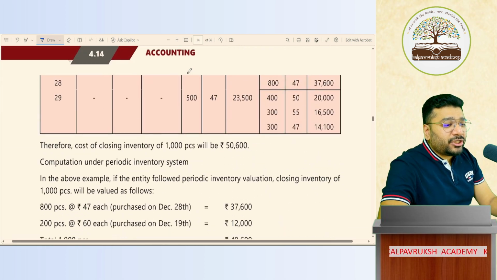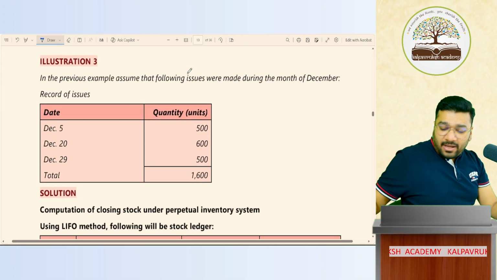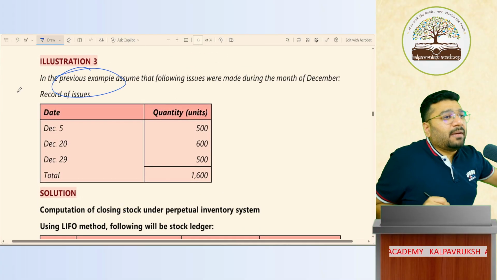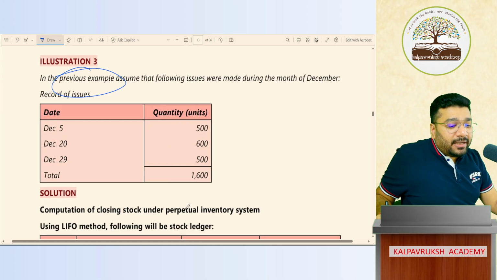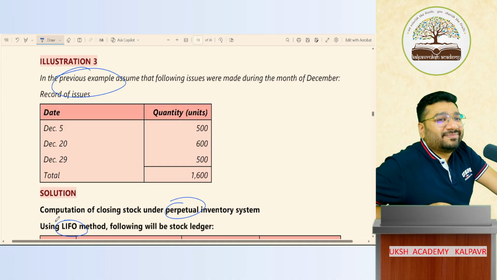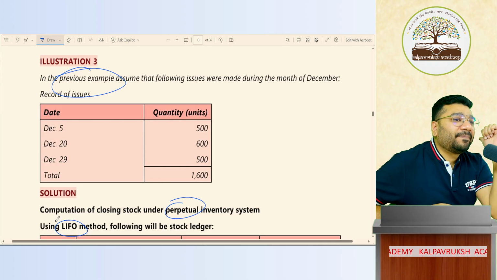You see, in illustration 3, they've asked, take the previous example. What is the previous example? Illustration 2. Do the same as perpetual, under LIFO. Illustration 2, what are they asking?